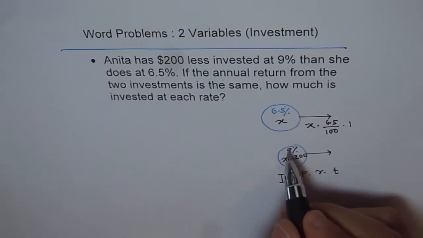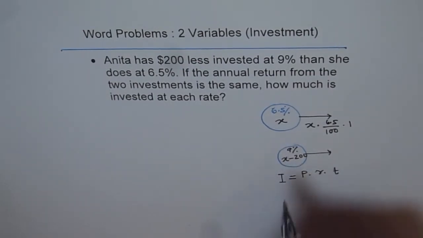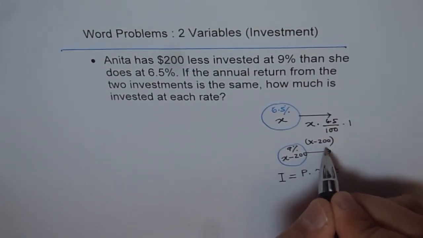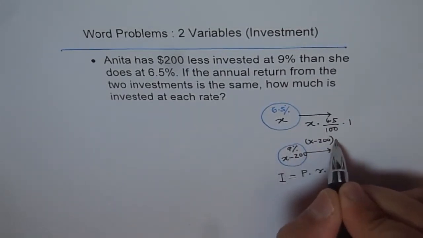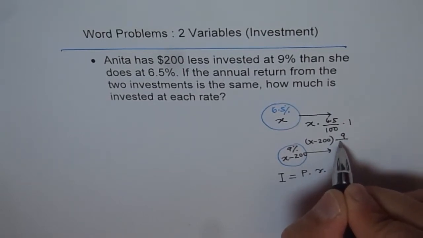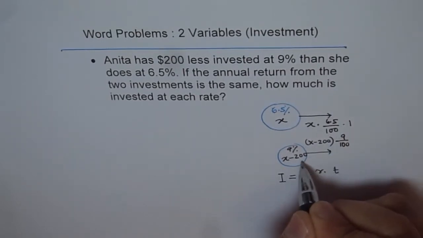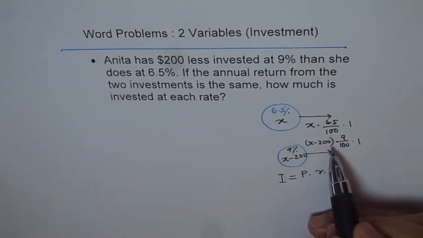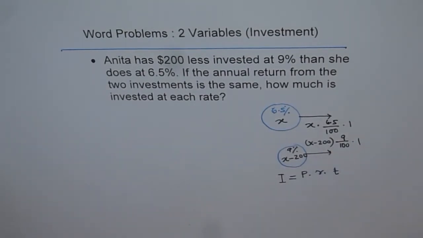How about on 9%? The amount invested here is x minus 200. So we'll write x minus 200, the amount invested at 9%, times 9 over 100, times 1 for t. That is the earning, the interest on the amount.